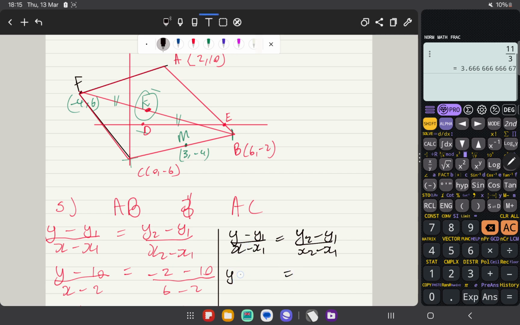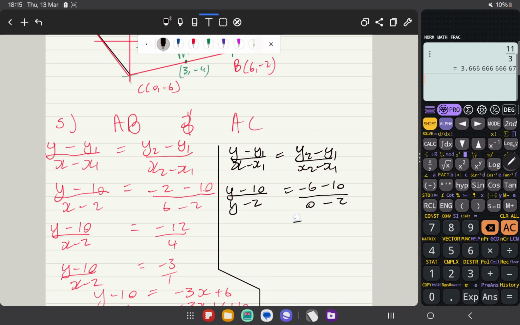I have y minus 10 over x minus 2, equals minus 6 minus 10 over 0 minus 2.